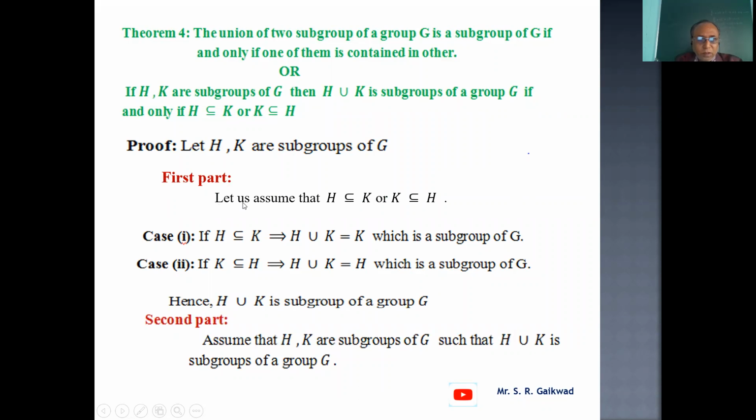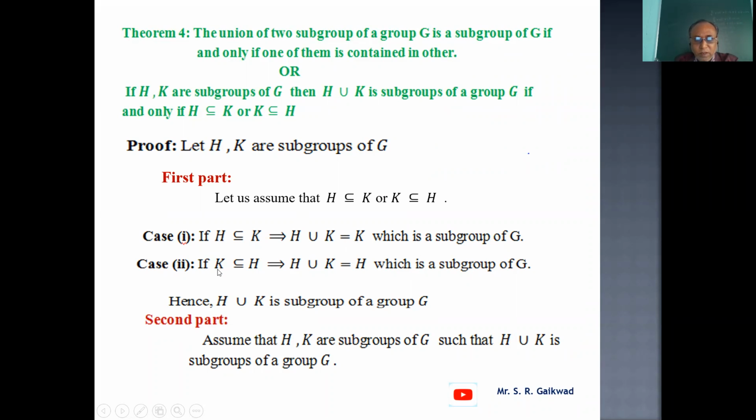Part first. Suppose H is a subset of K or K is a subset of H. We have to prove that H union K is a subgroup. Case first, if H is a subset of K, then H union K is the same as K, and K is a subgroup, so H union K is a subgroup.